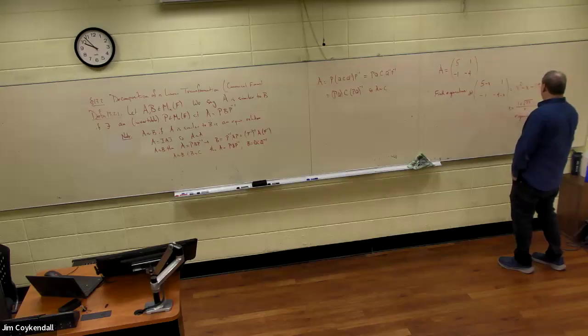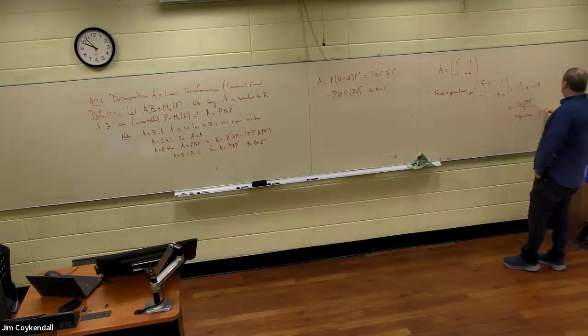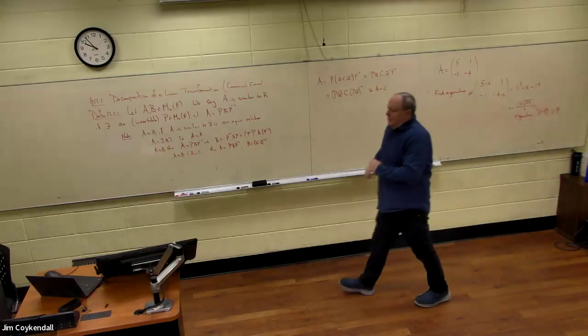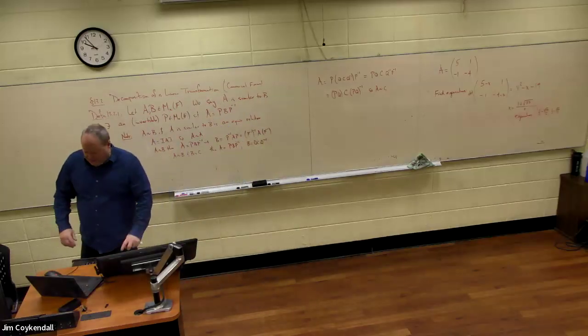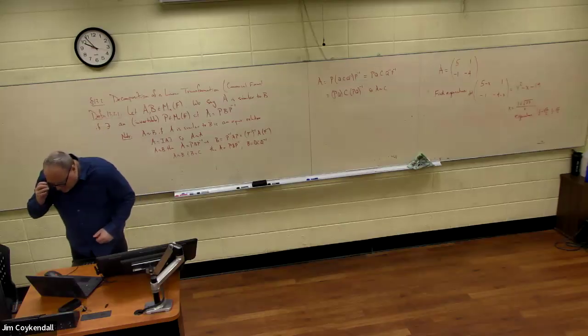And they're both real: 1/2 plus radical 77 over 2 and 1/2 minus radical 77 over 2. So, can anybody tell me what's a consequence of the fact that I got 2 distinct eigenvalues?